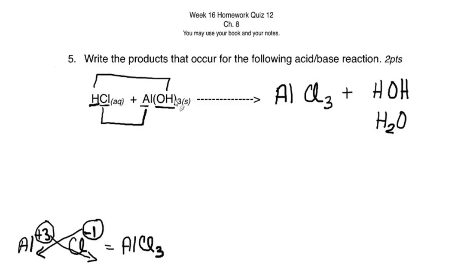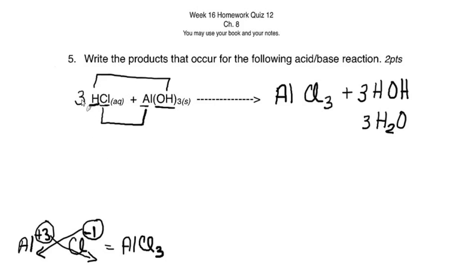We have 3 OHs here, and we have 3 chlorines here, which means that if we have 3 OHs here, we've got to have 3 H's to go with it over here. So we're going to need to put a 3 there, which means we're going to need a 3 here. We've also got the 3 chlorines that we're going to need the 3 there for.